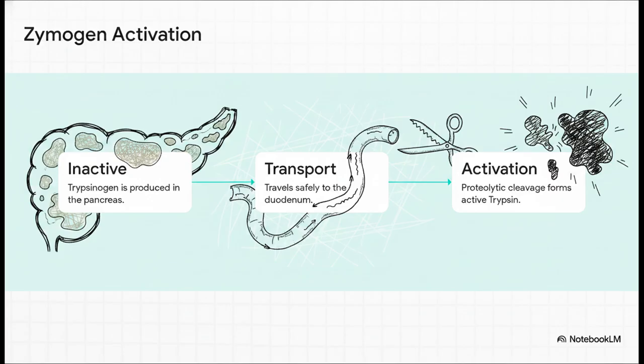Definitely not what we want. Instead, the body creates an inactive, perfectly safe version called trypsinogen. It travels safely down to the duodenum, where it undergoes a very precise, irreversible cut called proteolytic cleavage. Suddenly, it wakes up, becomes active trypsin, and starts digesting your food instead of your internal organs. Talk about a crucial safety mechanism.